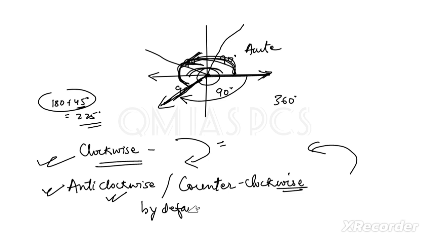If nothing is given, you should follow anti-clockwise direction, that means counterclockwise direction, because in mathematics this is taken as positive and this is taken as negative. That's why I am saying you should take this as default when nothing is given. Is it clear? Fine.